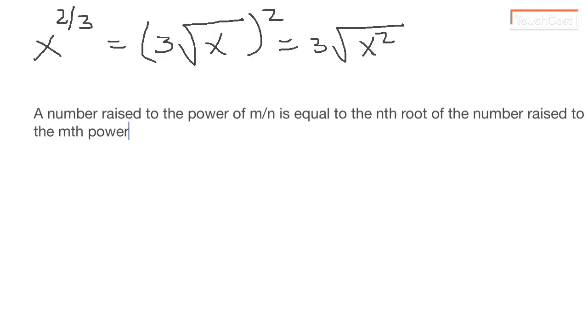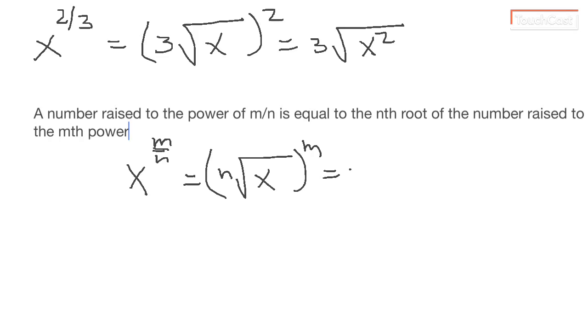So if we generalize this as x to the power of m over n, like our rule here says, that's going to be equal to the nth root of x to the power of m. Let's look at a couple of examples.